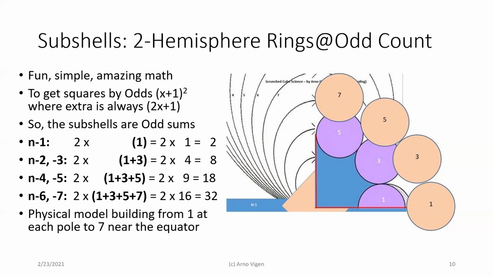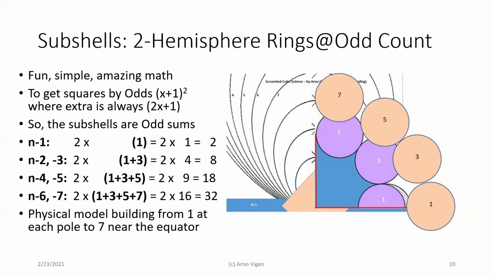So now we have this model, but that's not flat pancakes. Those electrons are not perfect in one dimension because they space on the inner layers. They are a layer over whatever was inside. So you get the 1 at the pole, then the 3, then the 5, and then the 7, building towards the equator.